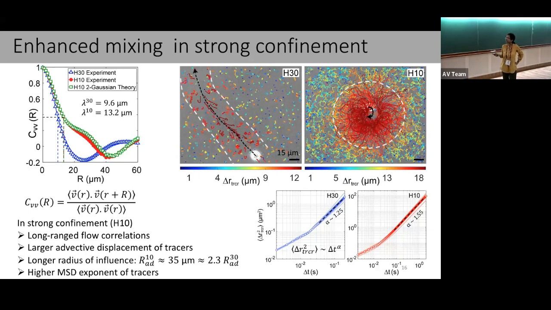Its cell speed is like 100 microns per second. So the tracers would move and very quickly the cell is far away from this tracer, so it has no way of giving more kicks. Whereas here, the cell is moving much more slowly and it's just going in circles. So these tracer particles continue to feel the flagellar beat and have a larger displacement. I hope that sort of explains.